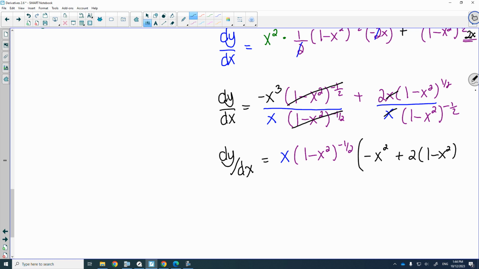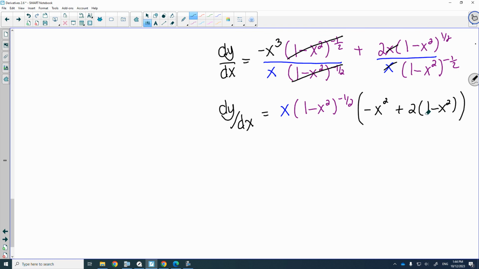I don't need to put that to the power of 1, but I would have this. And then chances are we'll be able to clean up this bracket. So what I would have in this bracket is I've got negative x squared, and then I've got plus 2 minus 2x squared. So we'll clean that up. So I've got an x.